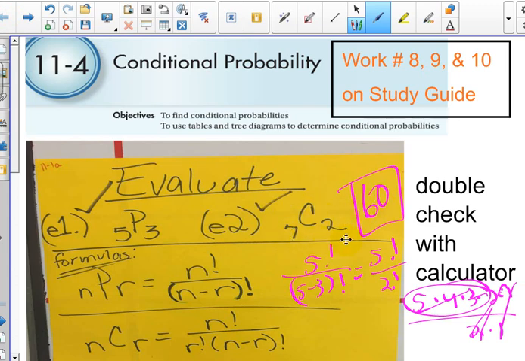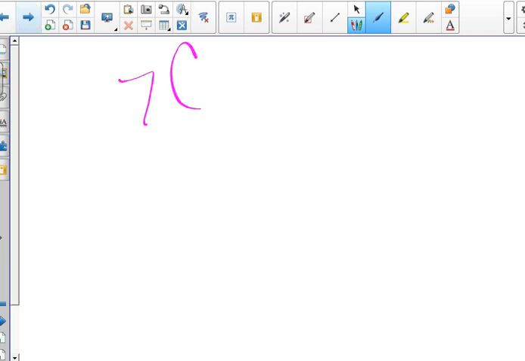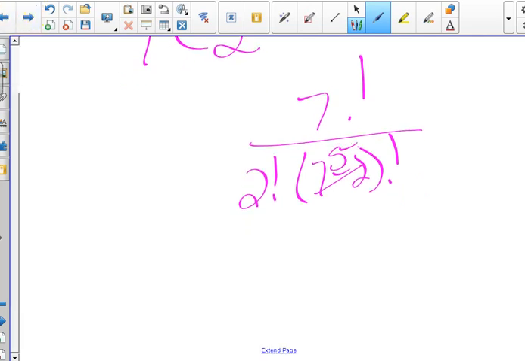The next one, we've got the C. So that's this formula, right? We've got 7C2. So it's going to be 7 factorial over 2 factorial times 7 minus 2 factorial. 7 minus 2 is 5. So we've got 7 factorial over 2 factorial times 5 factorial.